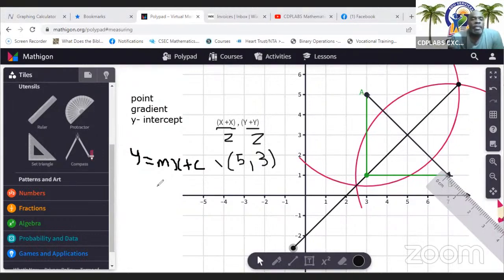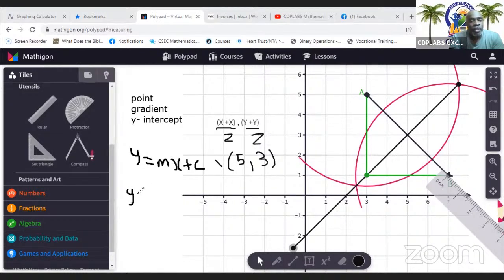All we need to find is the gradient and the y-intercept. Make sense? We have the gradient, we have the y-intercept, so we can just write the equation now.